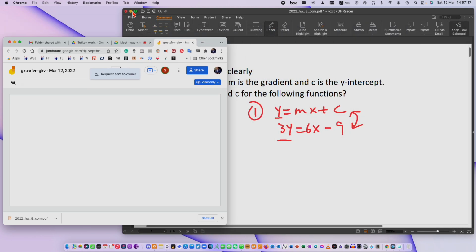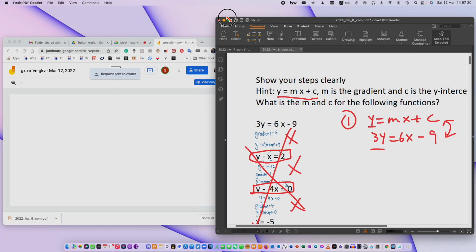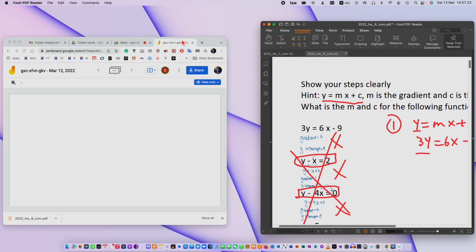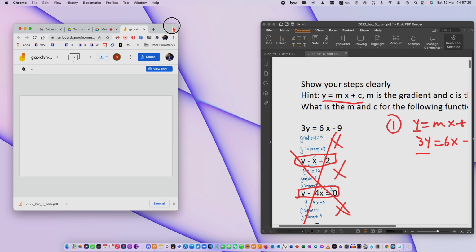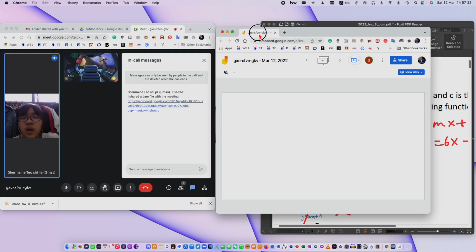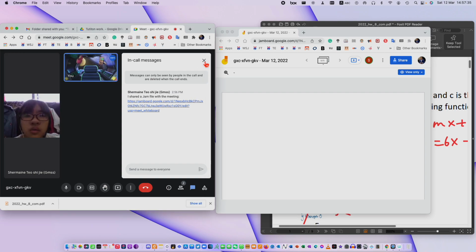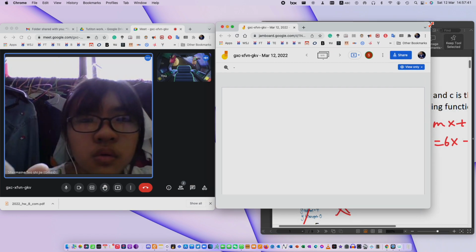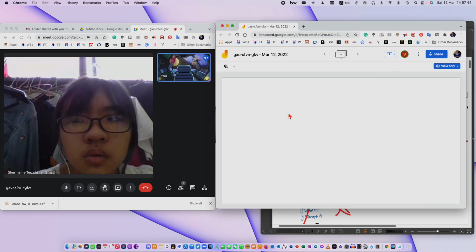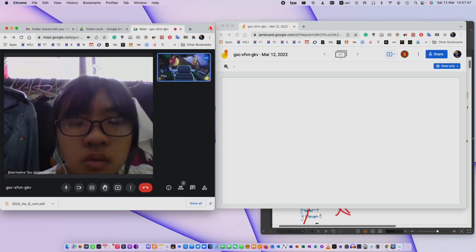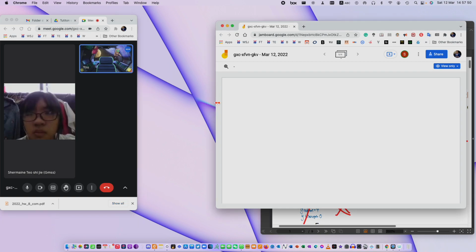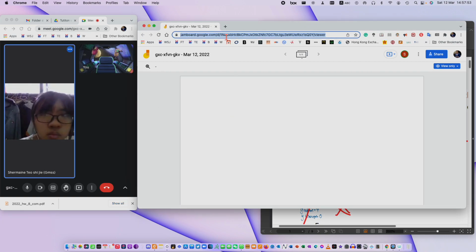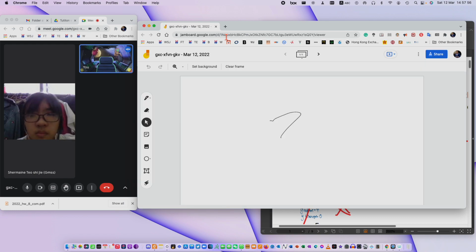So next time, maybe you can do better by giving me the right to edit as well, not only to view. Never mind. Now share your Jamboard. I mean share your screen with the board. Oh, no need. Can you write something on it? Let me refresh it. Okay, good. I saw something.